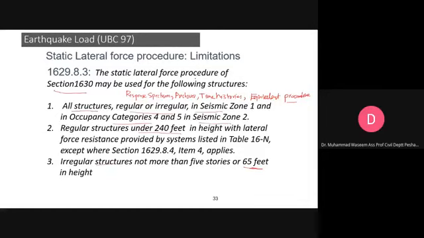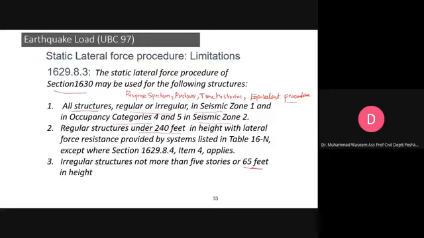So this slide is showing the limitations of the static lateral force procedure. For what kind of buildings is this procedure applicable? For example, all structures which are regular, meaning they do not have irregularities, or irregular structures, which have irregularities but are located in seismic zone 1, in occupancy categories 4 and 5, and zone 2.